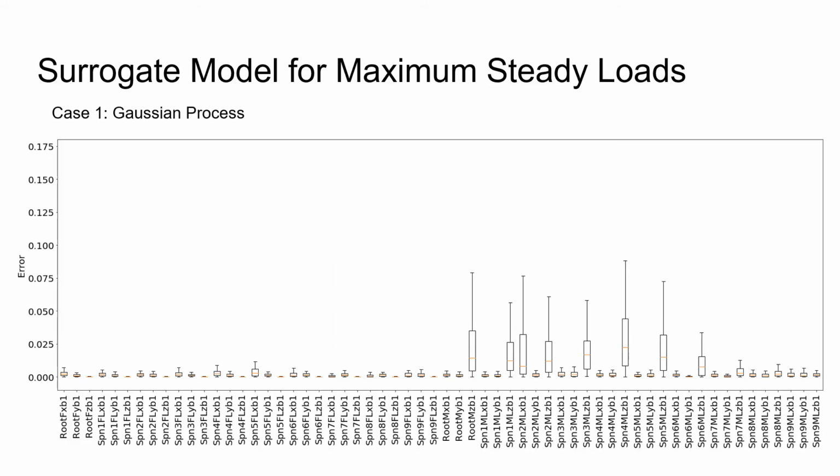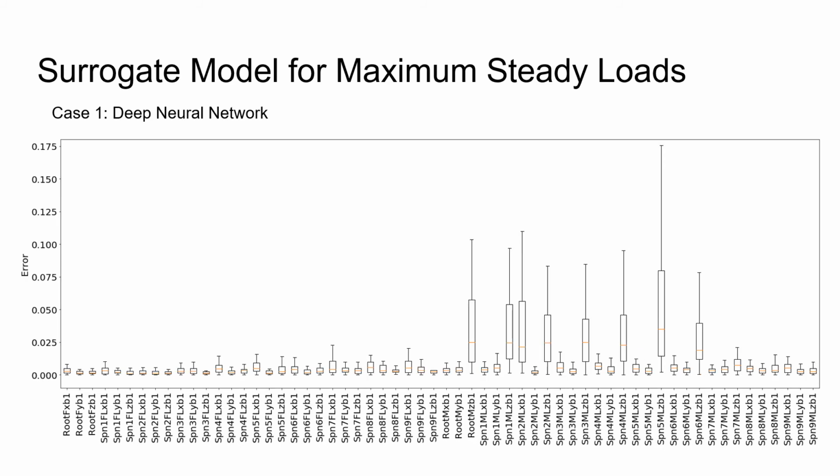To show the accuracy in prediction for both surrogate models, the relative error for each output is presented in both cases. In the steady case, the Gaussian process shows a low error for almost all output values, but for some outputs, the moment in z direction shows a relative error of 0.1 or 10%.